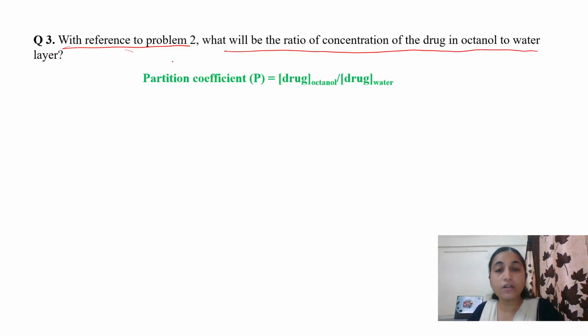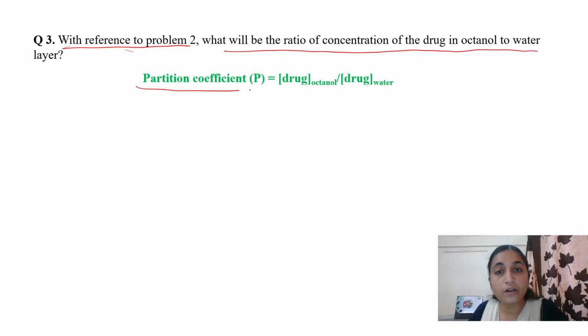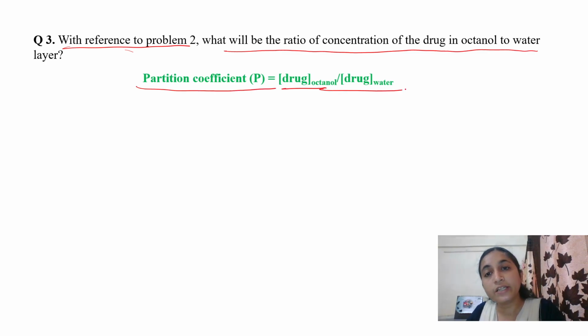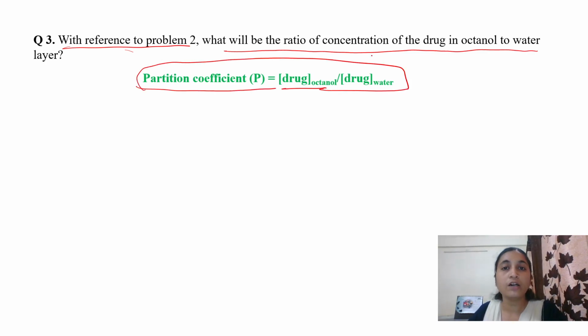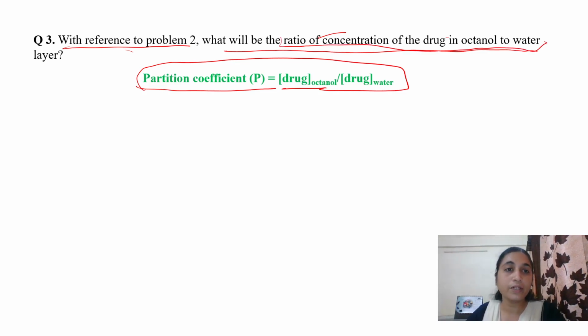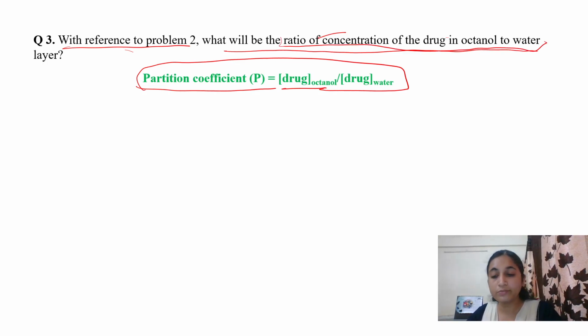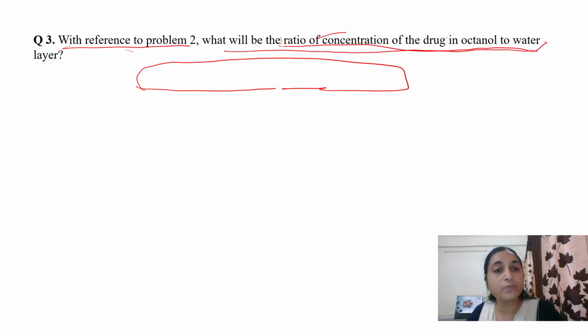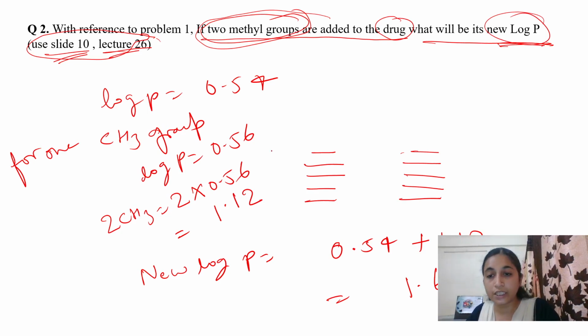We all know P equals drug in octanol upon drug in water, right? This formula. So now they want us to calculate the ratio of concentrations of drug in octanol to water, but we have to take reference from problem 2. So how much was log P in problem 2? 1.66, right?